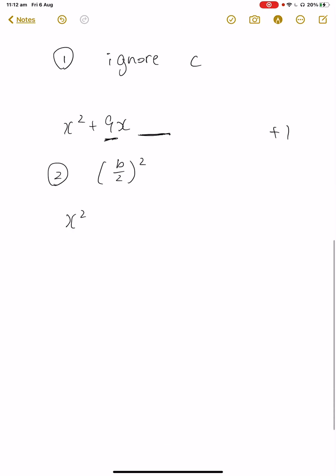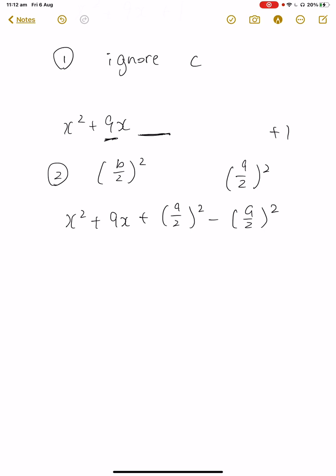So x squared plus 9x plus 9 on 2 squared minus 9 on 2 squared. And then plus 1, can't forget about that.